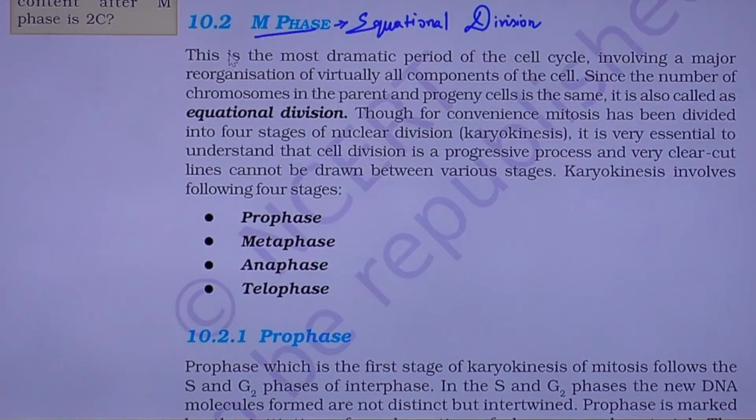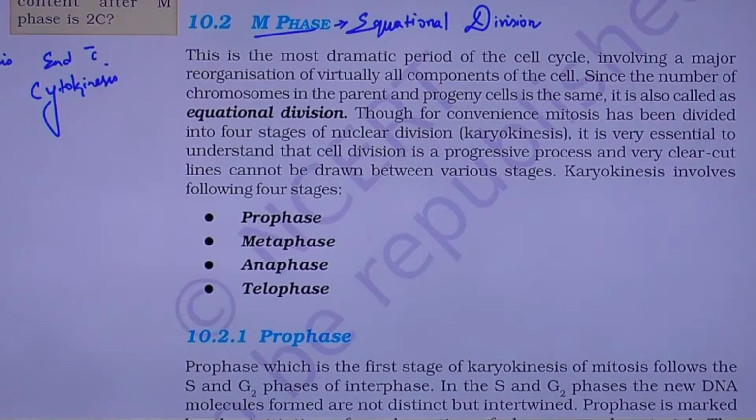This mitosis phase starts with karyokinesis and ends with cytokinesis.